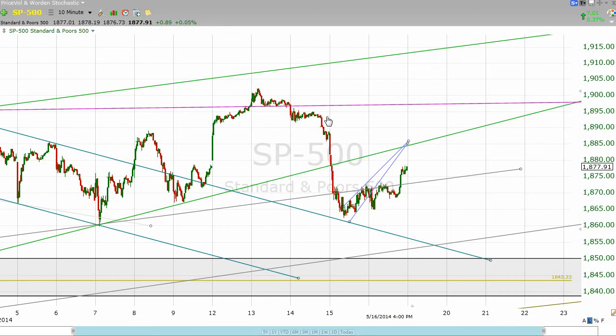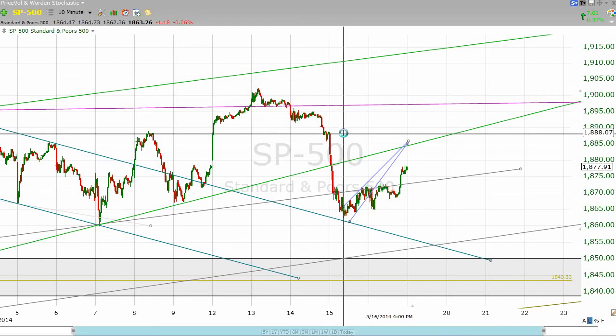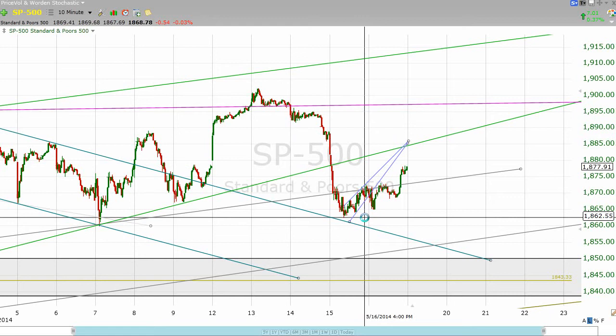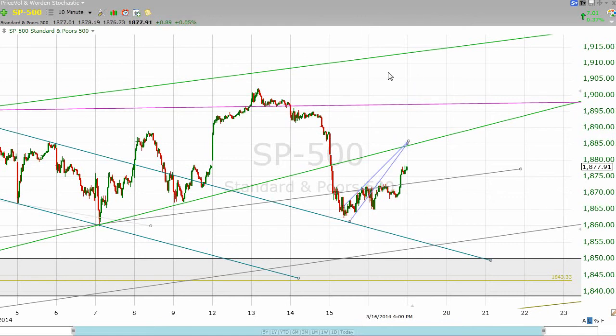We went sideways for a bit, and then it broke down a little harder, and it was Thursday where we really gave up significant ground, where at one point the markets were off, assuming our close at about 1888, about 26 points, roughly 1.33%. Then we started this little sideways trek.